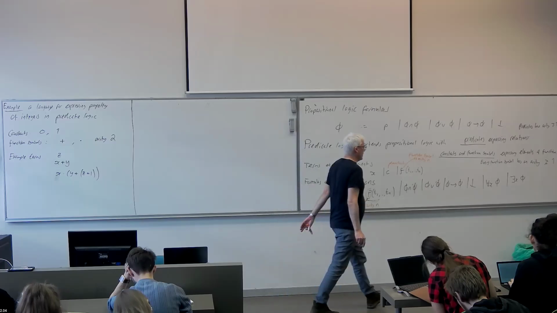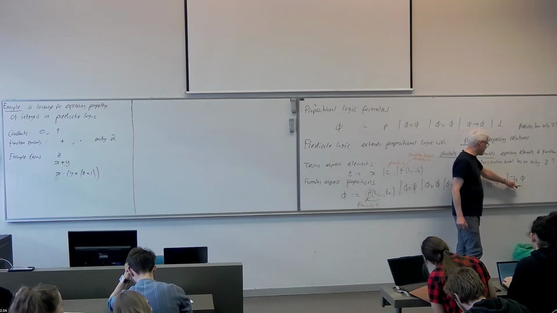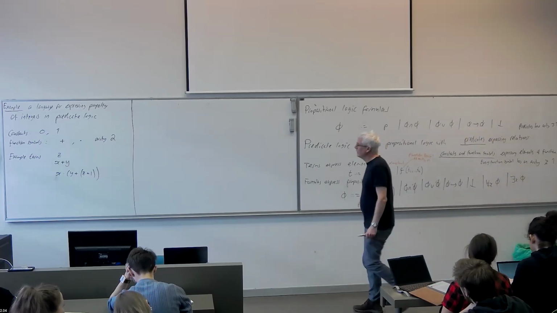The idea is that here we're saying for all x ranging over our universe of discourse, or there exists an x ranging over our universe of discourse such that phi holds.